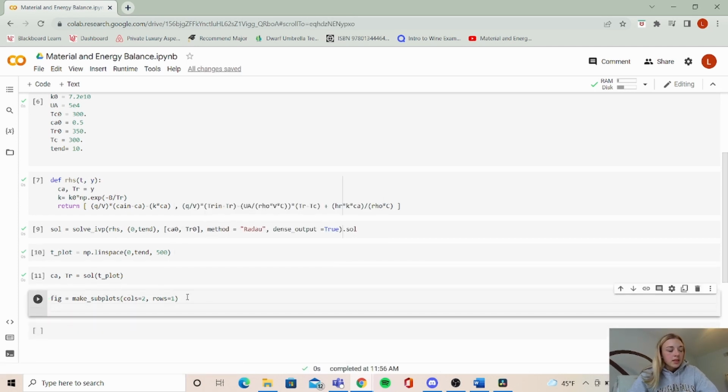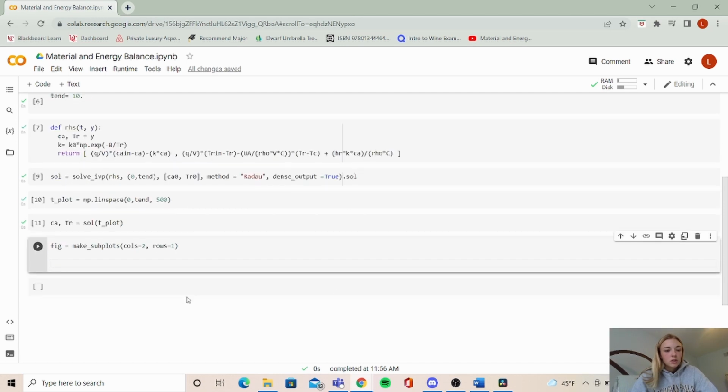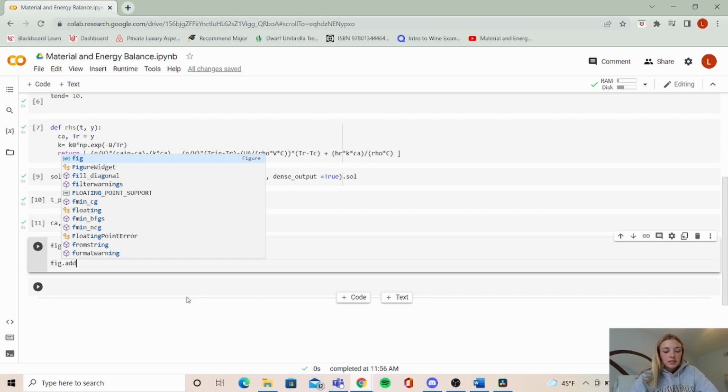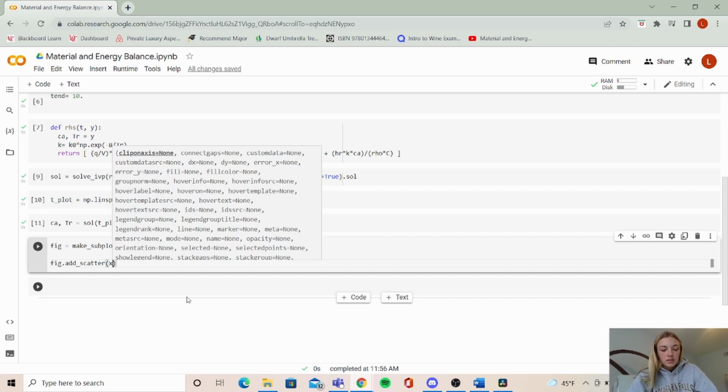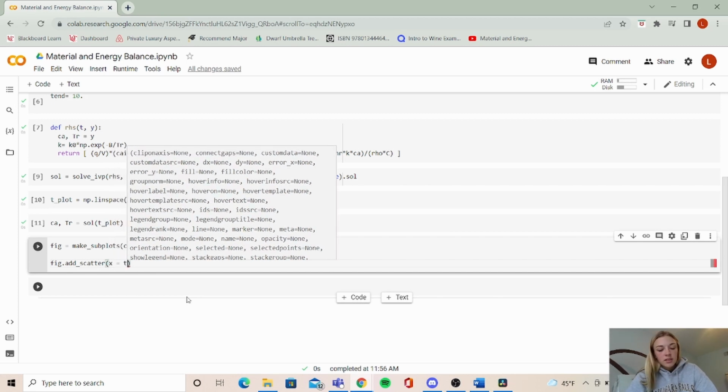All right, so now we can go ahead and type out our plot information. So fig, add scatter. Our x is going to be our t-plot.